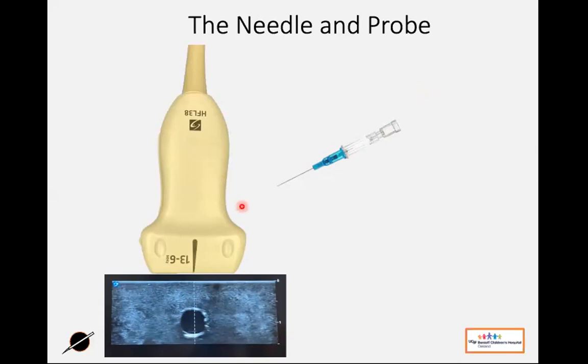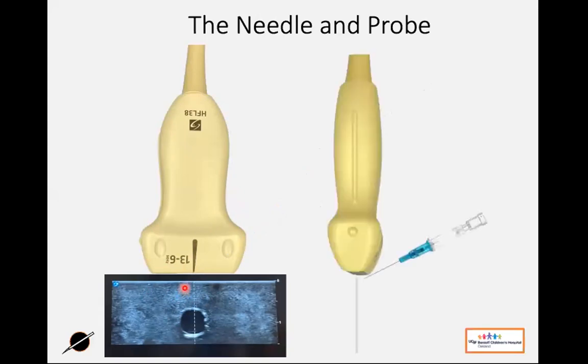We're taking our needle and we're going to aim for that spot right there on our probe. When we look at it from the lateral view, that's how it's going to look. That center line and that marker help guide us in to that vein that we got nice and lined up on the image.